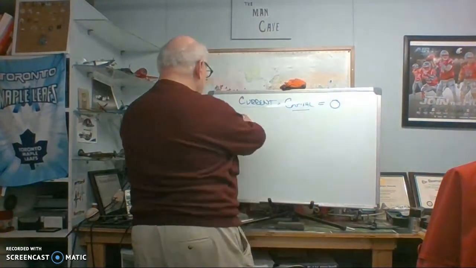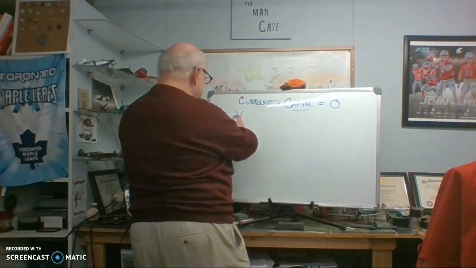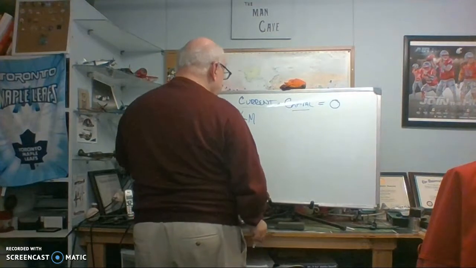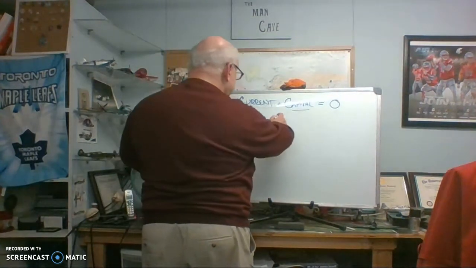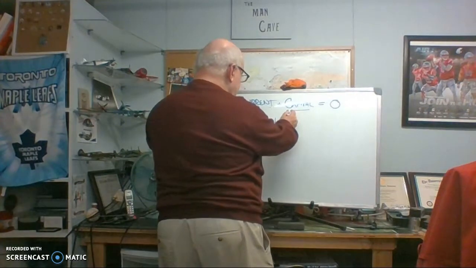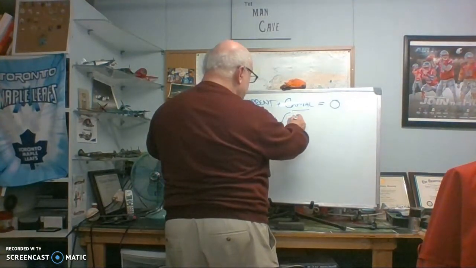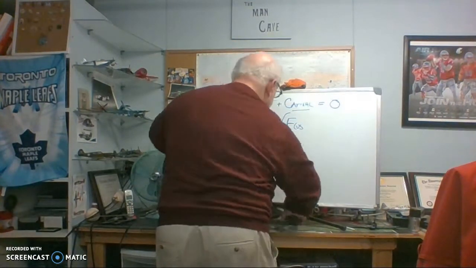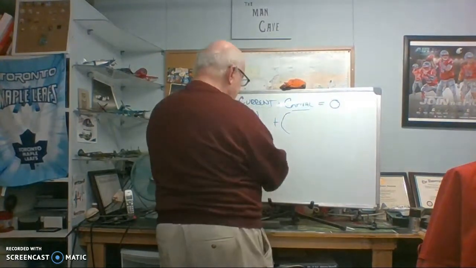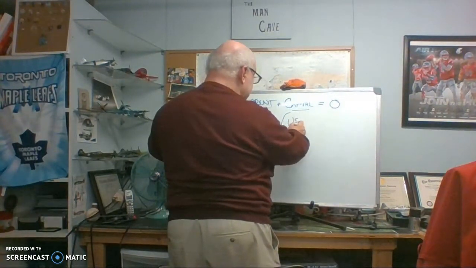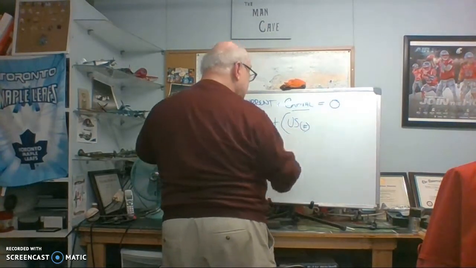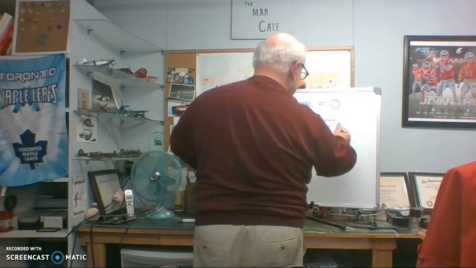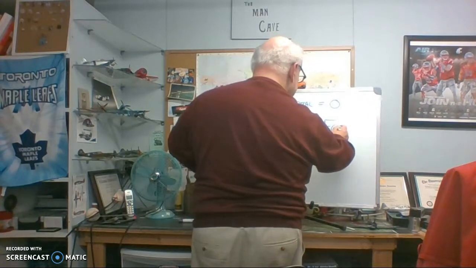So the current account balance really is exports minus imports, plus we have the U.S. assets purchased by foreign buyers minus foreign assets purchased by U.S. buyers.